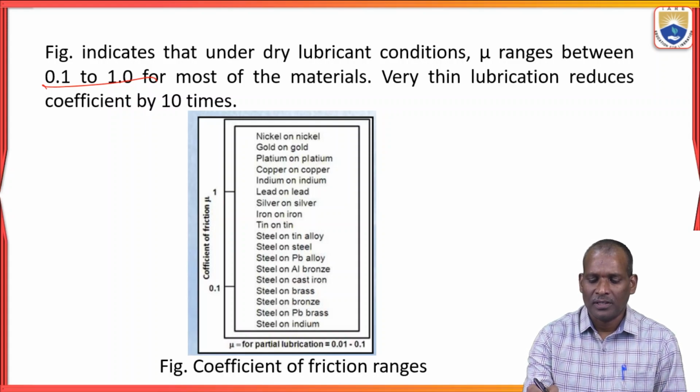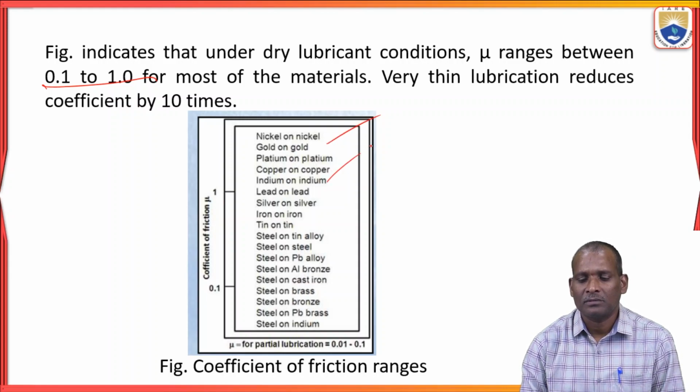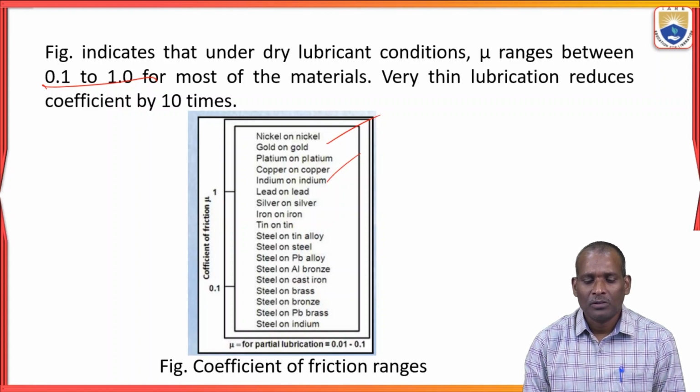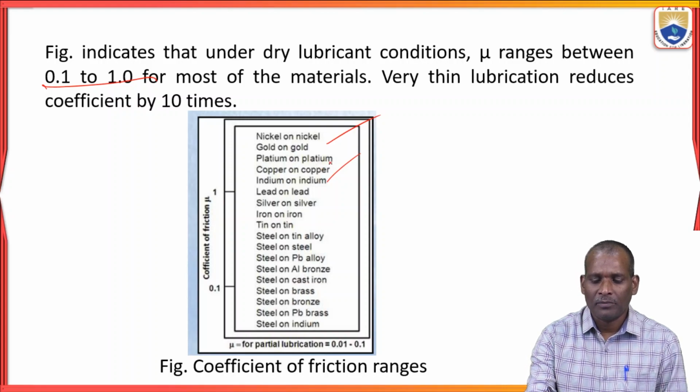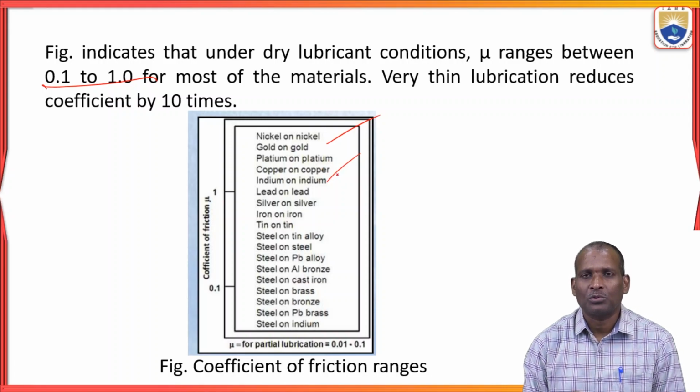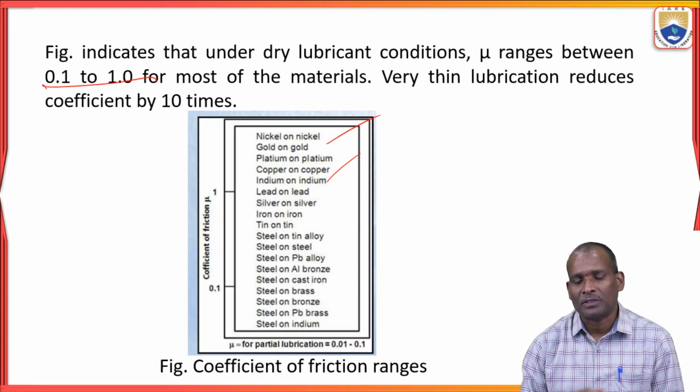See in this figure, it shows different materials' mu ranges under dry conditions. There is no wet lubrication. Nickel on nickel, gold on gold, platinum on platinum, copper on copper: the two materials are the same, one surface is copper and another surface is also copper.